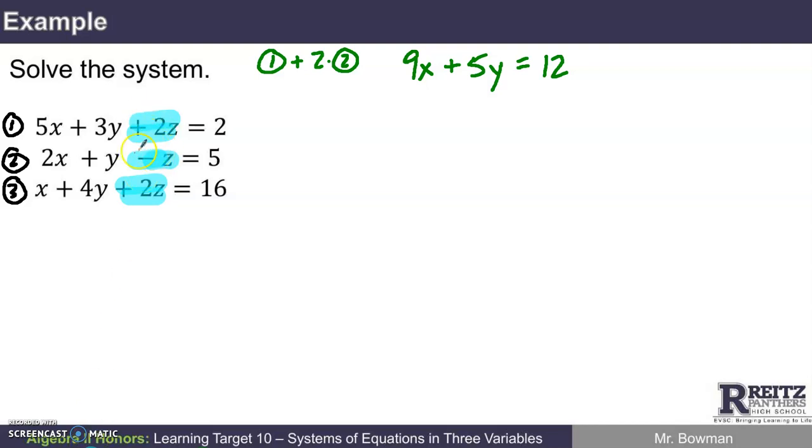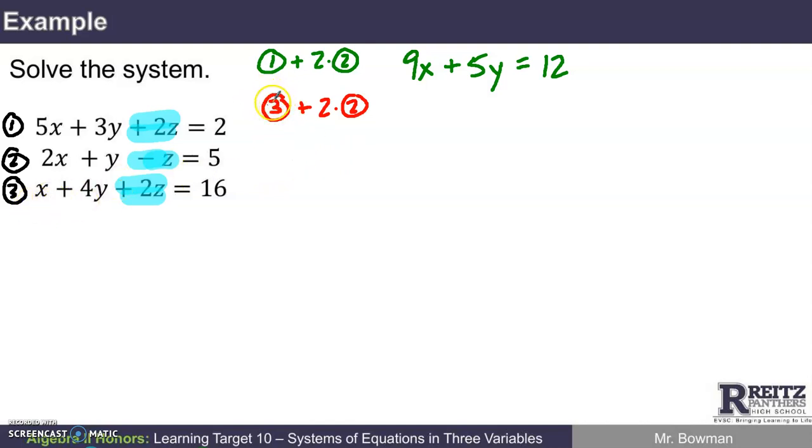Now I also want to find a different way to eliminate z. So this time I'm going to take equation 3 with 2z in it, and I'm going to add 2 of equation 2. I'm going to get a different way to eliminate z.